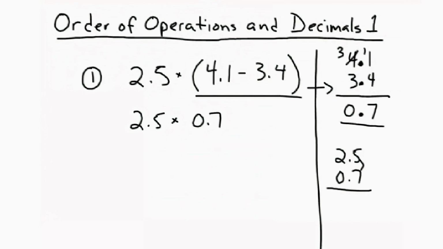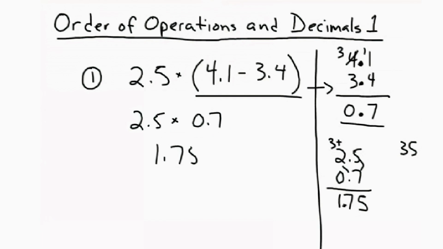So 5 times 7 is 35, and remember, we write the 5, we carry the 3 over, and now my next multiplication is 2 times 7, which is 14, plus 3 is 17. 2 decimals in my question, so 2 decimals in my answer, and 2.5 times 0.7 is 1.75.